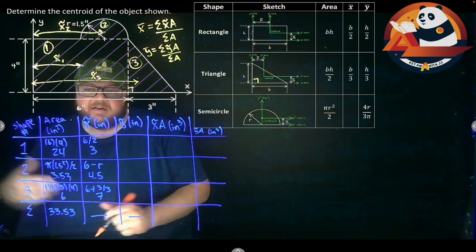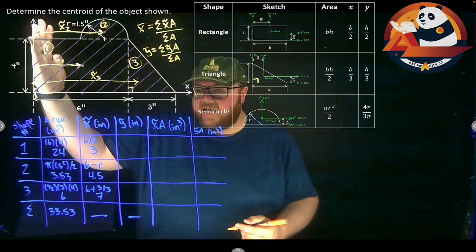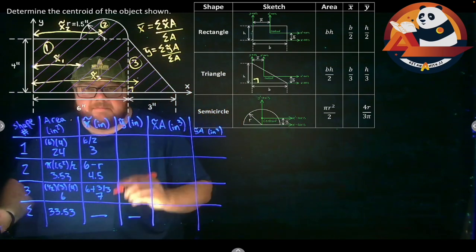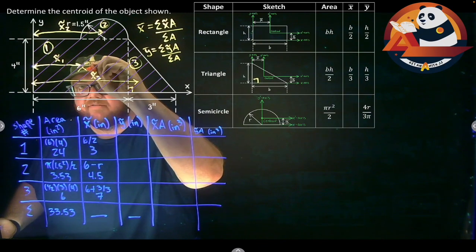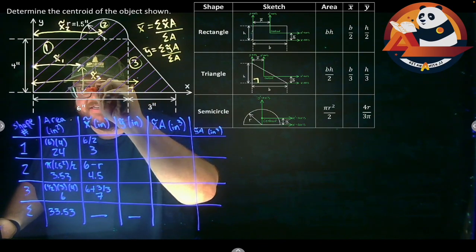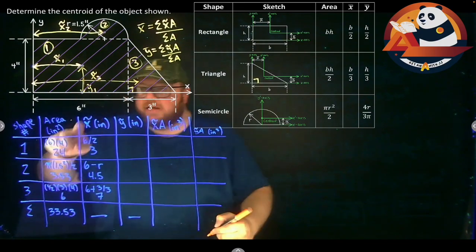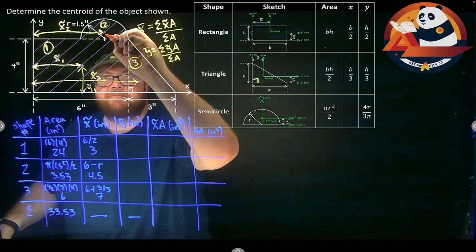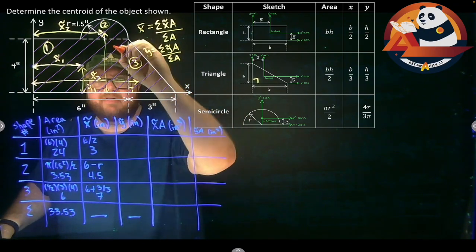Let's come in and get y tilde distances. So we're going to change this, and just like we measured from the y-axis in an x distance to get x tilde, we can measure up in the y direction to get y tilde values for everything. So I'd have a y tilde for shape 1, measuring from the x-axis to the centroid of shape 1. Same thing for shape 2. What's my y tilde value here?